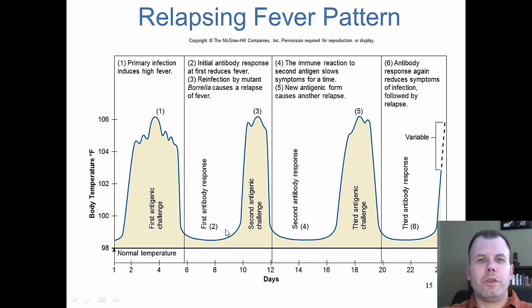And remember, during immunology, we talked about the primary and secondary response. Well, what happens is these guys can change over the course of the infection and change their structure so that the body doesn't recognize them again and again. So you keep getting what is known as relapsing fever. That's why it's called the relapsing fever pattern or relapsing fever disease, because you keep getting these really high fevers every 6 to 7 days, associated with some of these other symptoms.